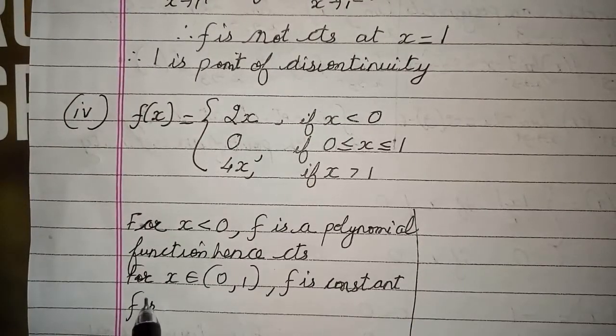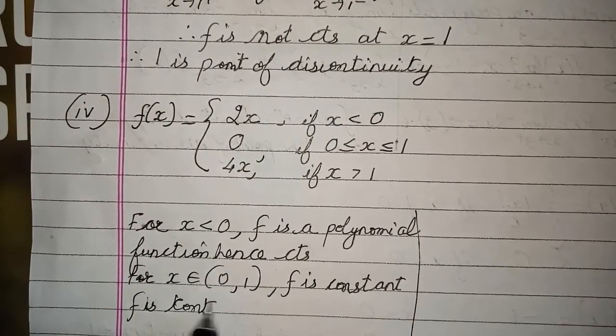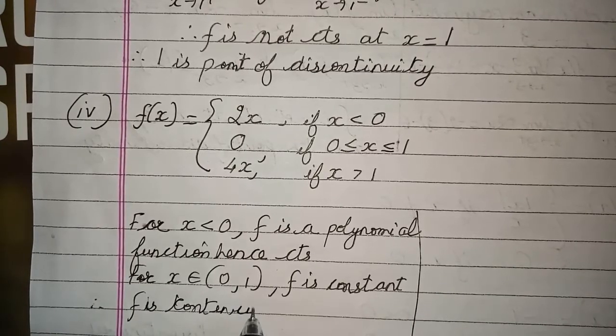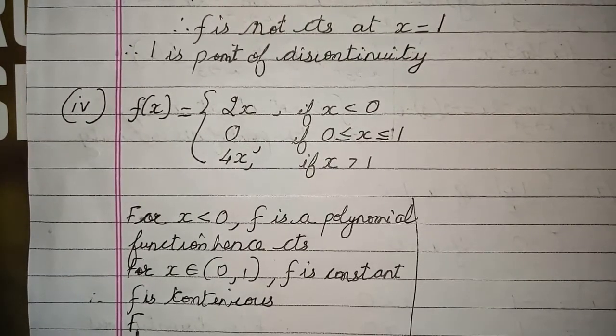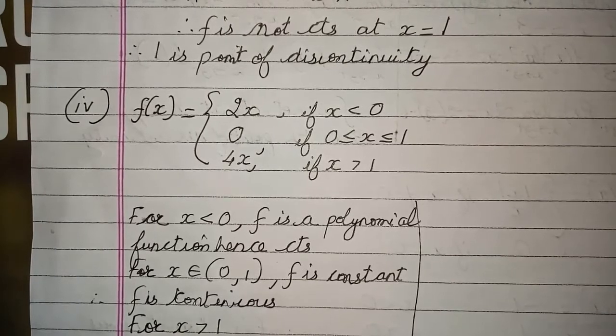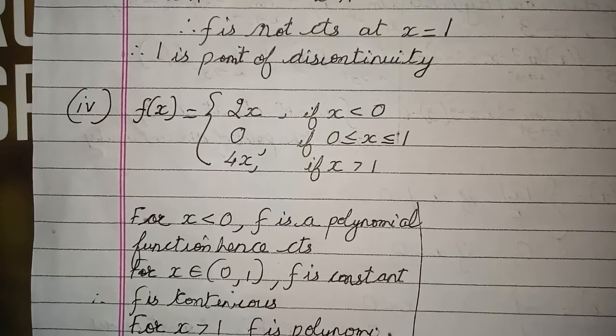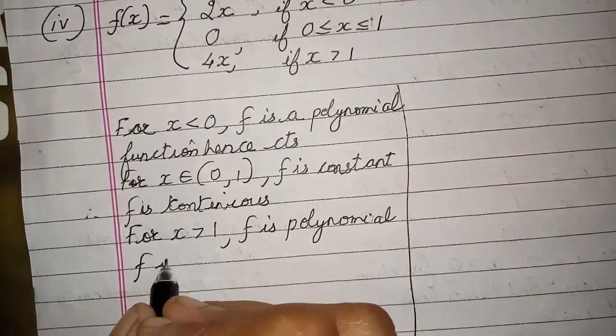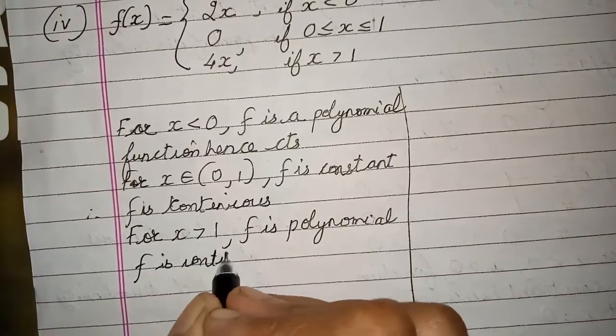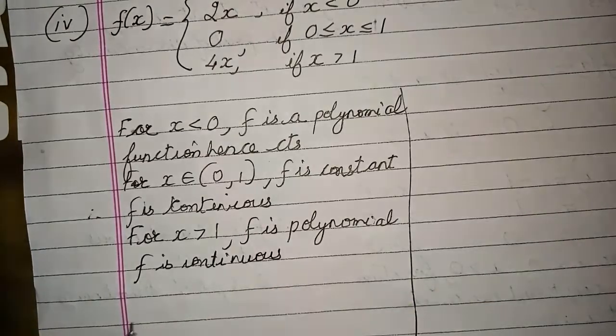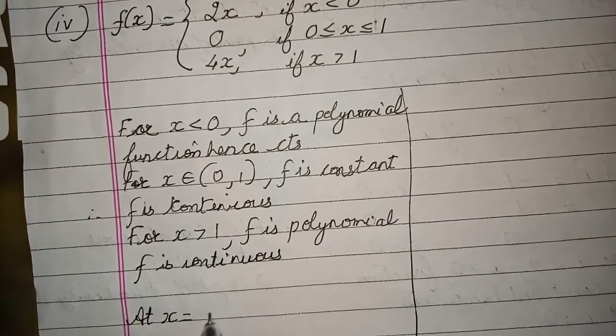Hence, again, f is continuous. So that problem is solved. Now, for x greater than 1, f is again polynomial. So again, f is continuous. So our problem is at 0 and at 1.